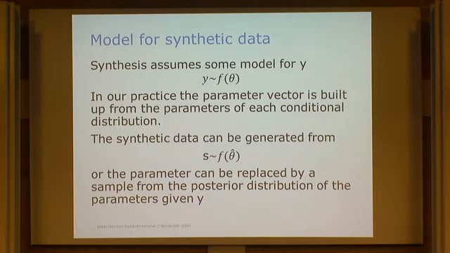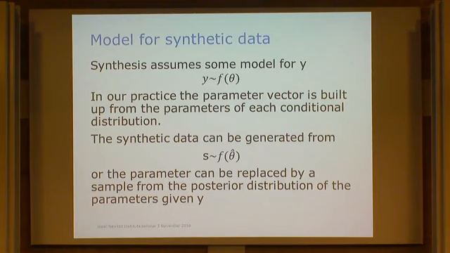But a little bit of theory. If you're synthesizing from some statistical model indexed by some parameter theta, then in our case, our parameter vector is built up from the parameters of each of the conditional distributions. So the whole parameter thing can be quite long and complicated, but it's still a parameter vector. Then you're generating the synthetic data from the same function, but with your estimate stuck in instead.